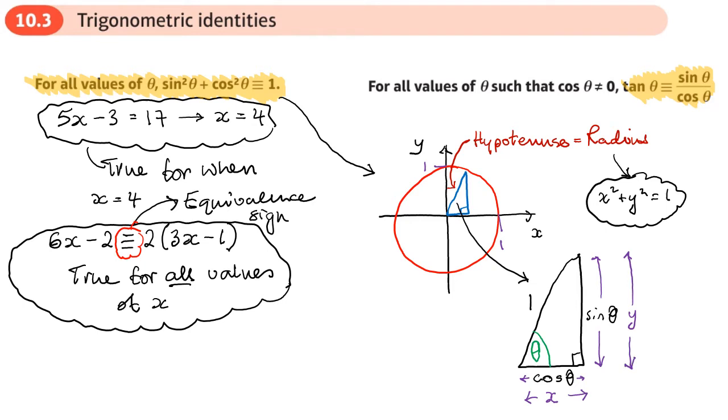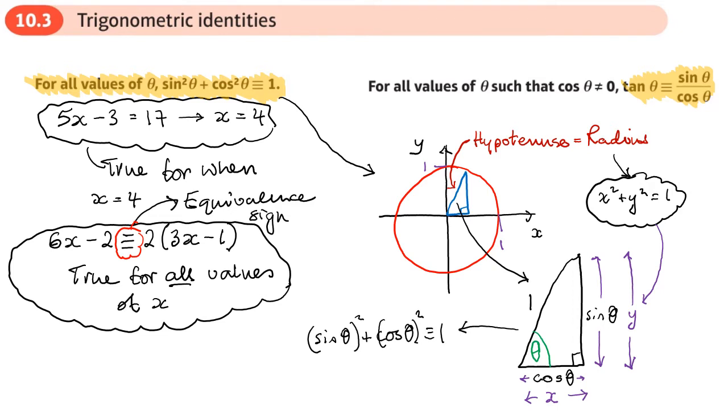Now, I've already got this equation, x squared plus y squared is 1. So instead of using x squared and y squared, I could instead use sine squared and cos squared, and that would be 1.